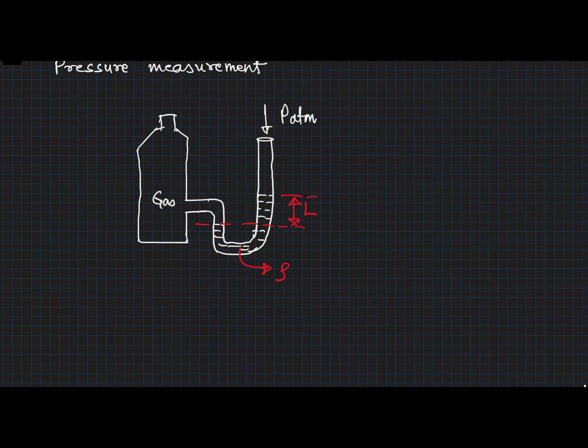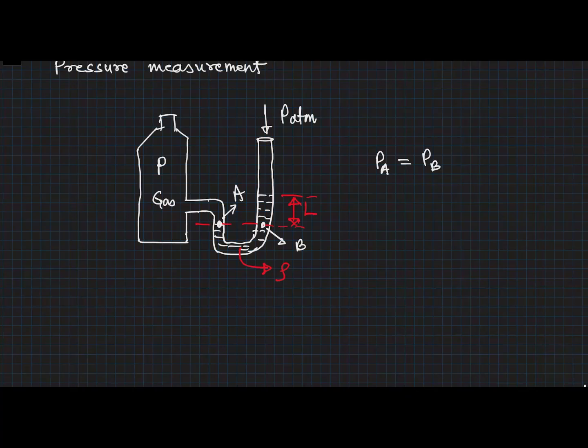Suppose this gas has some pressure P. If you can recall from your physics class, the pressure at these two levels, pointed out by A and B, should be equal.